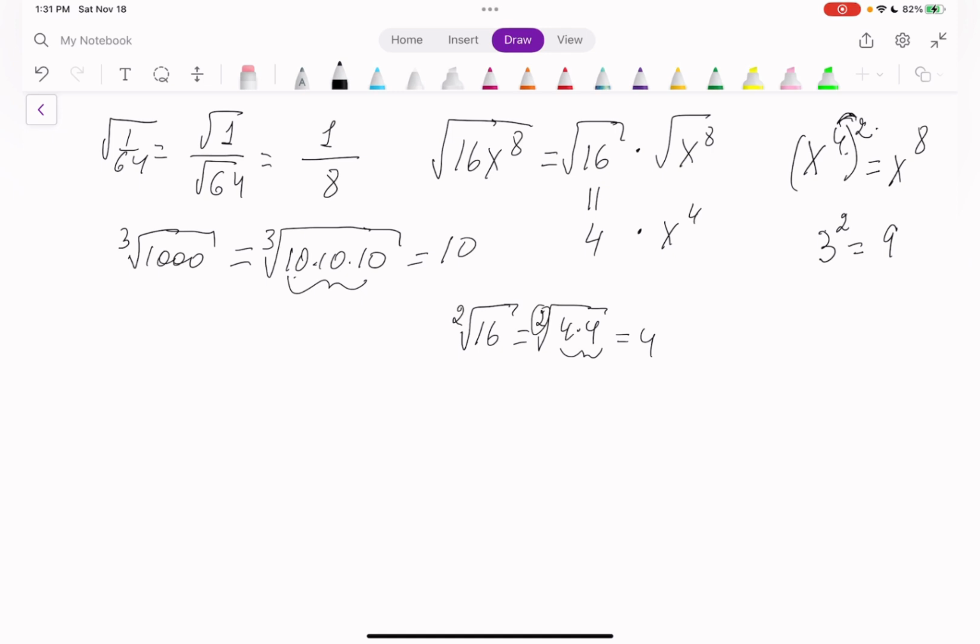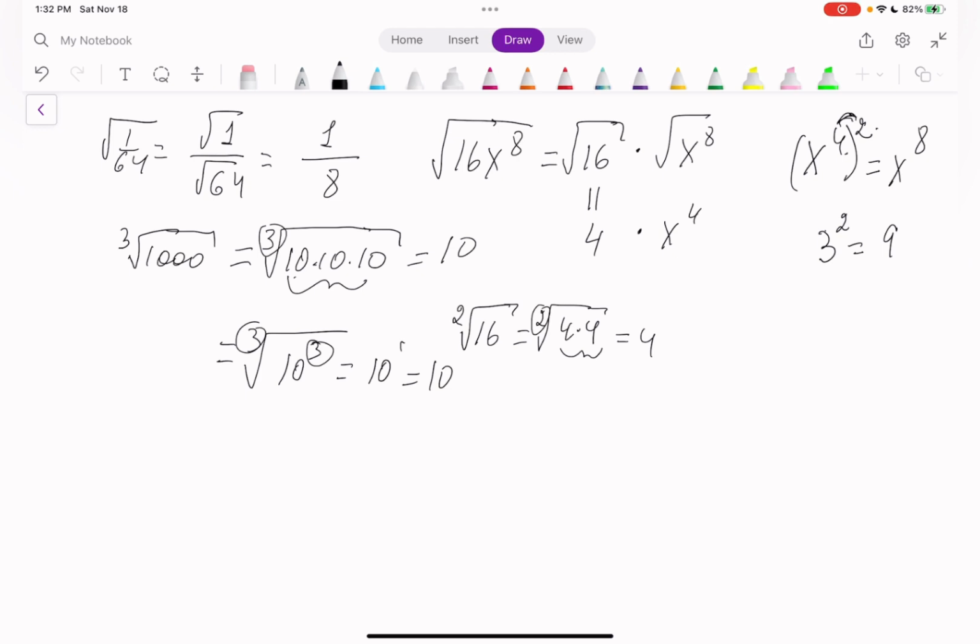Or otherwise, I can also solve it this way. 1000 I can represent as 10 to power 3, correct? And then remember what we do? 3 divided by 3, right? This 3 divided by this 3, and I'm getting 1, which is going to be 10 again. Either way.